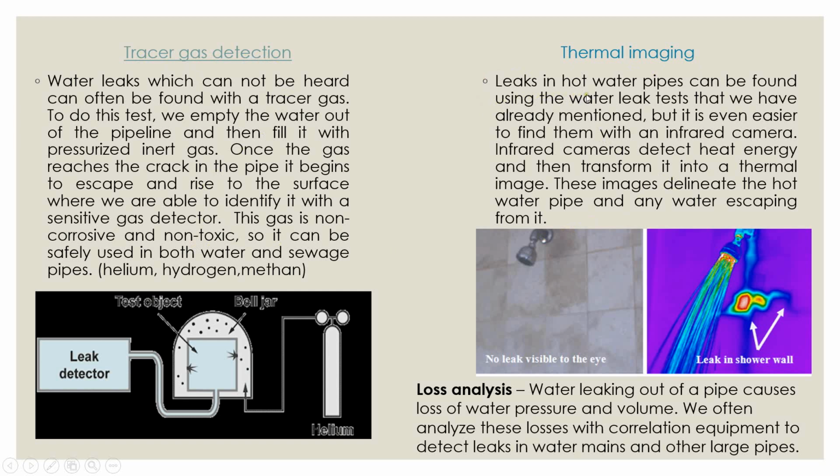The leak in hot water pipes can be found using a water leak test, which we have already mentioned. Just as we did with acoustic, you can do the same here, but you can easily find that particular area. Where you cannot do digging, or you don't have the layouts with you, and it is not easy to identify by the acoustic method, then you can go for this thermal imaging. You can go for infrared cameras, utilization of infrared cameras.